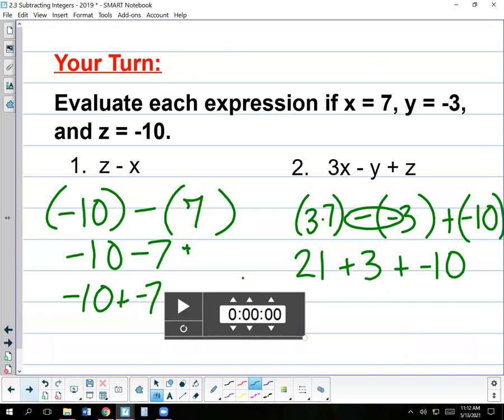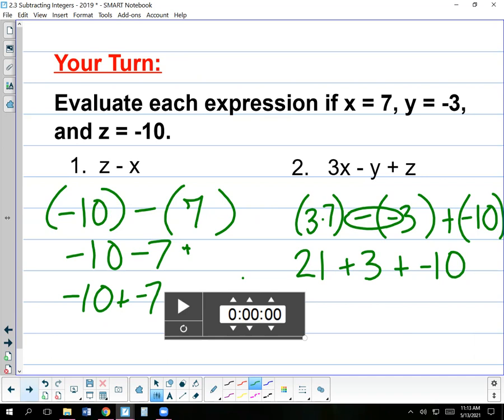Wait, for this one, you got negative, right? That's a negative 17. I got negative 3. Say you're at negative 10. Think about it. Say you have negative $10. You owe me $10, okay? Now I'm gonna subtract 7 from what you owe me.